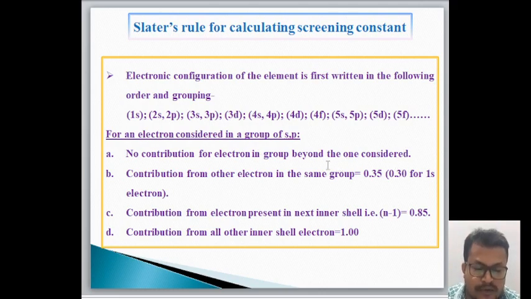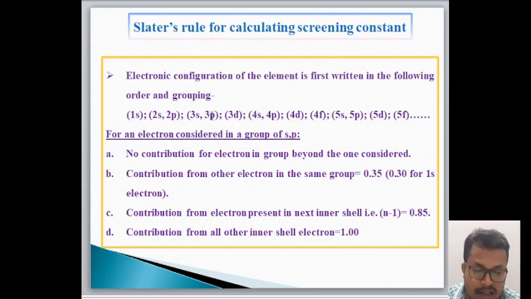Suppose we are going to find out the effective nuclear charge or screening constant felt by a particular 3p electron. In that case, we need not consider the electrons present in the 3d orbital, 4s orbital or 4p orbital.